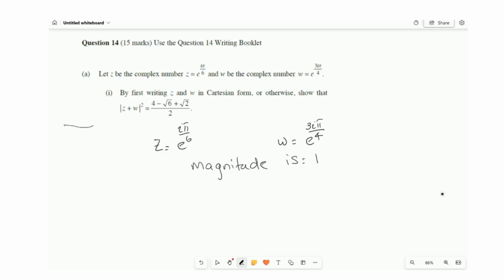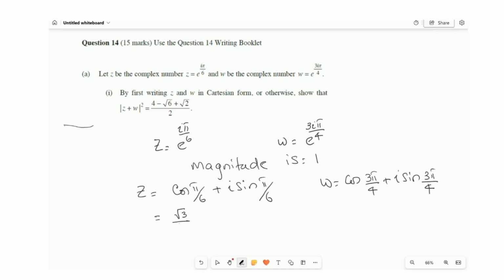So therefore I can write z equals cos pi by 6 plus i sine pi by 6. w equals cos 3 pi by 4 plus i sine 3 pi by 4. Now we know that cos pi by 6 is square root of 3 divided by 2, plus sine pi by 6 is half, therefore it is half i.